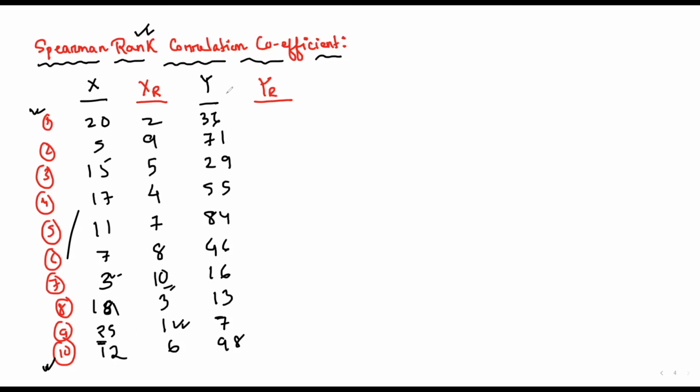Now, similarly, for this one also, you calculate the rank. Okay. So how will we calculate? You see which is the highest, say 98, right? So rank 1. And then after 98, it is 84, rank 2. Then after this, rank 3, right? Then 71 is done, 55, rank 4.